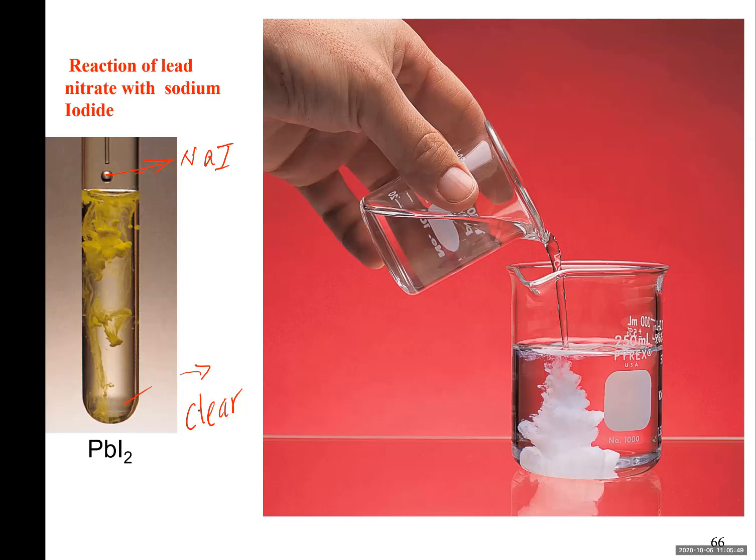It's cloudy, insoluble, colorful, yes. So here, this is the precipitate, which is lead iodide. The yellow solid which is formed is the precipitate. Thank you for the question.